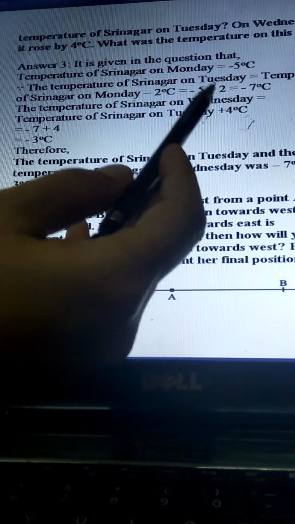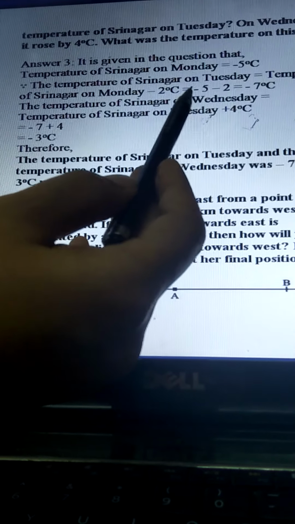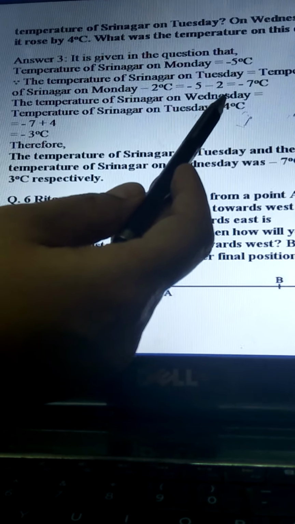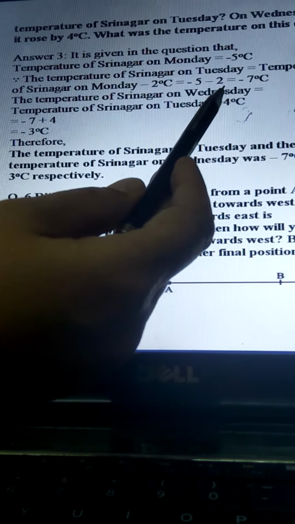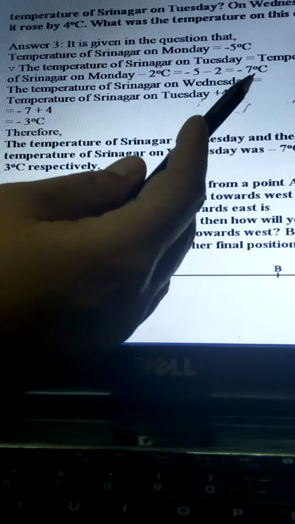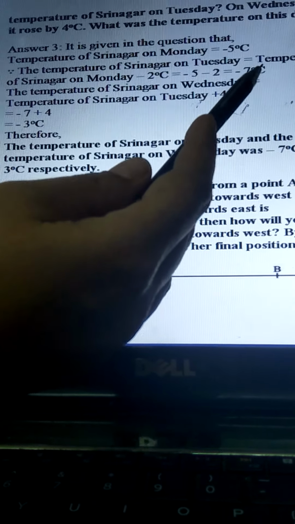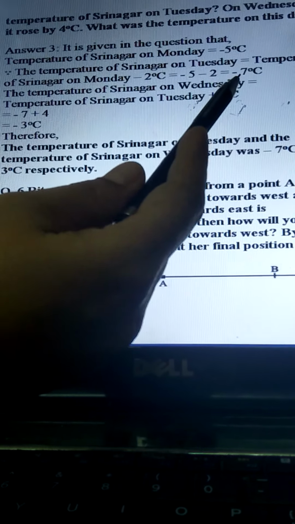So what was the temperature on Monday? It was minus 5 degrees Celsius minus 2 degrees Celsius. You know, negative and negative, we add both of them. Minus minus plus. So 2 plus 5 is 7, and which sign will come in front of the result? Minus sign. So it will be minus 7 degrees Celsius. Now what was the temperature of Srinagar on Tuesday? It is minus 7 degrees Celsius.